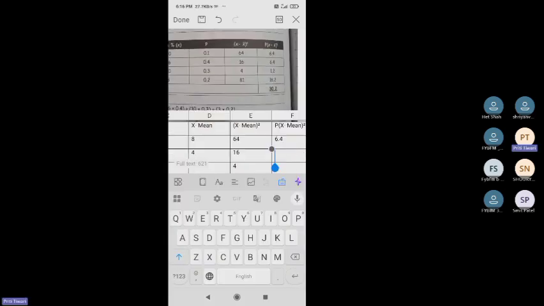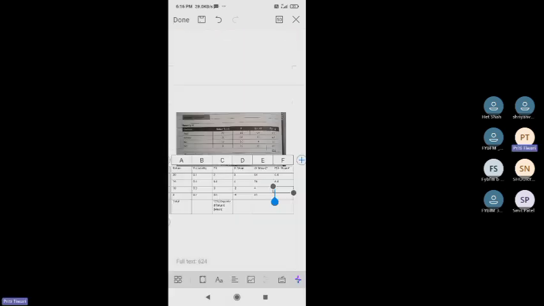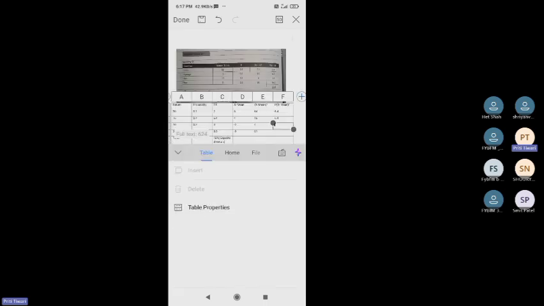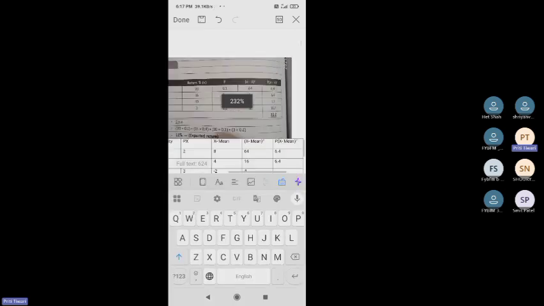Next is 16 into 0.4. 16 fours is 64. Because of the point, the answer will be 6.4. Next, 4 into 0.3. 4 threes are 12. The answer would be 1.2. Last one, 81 into 0.2.